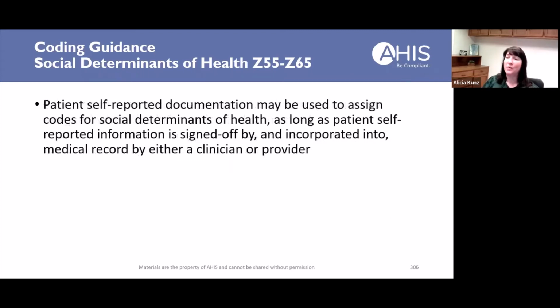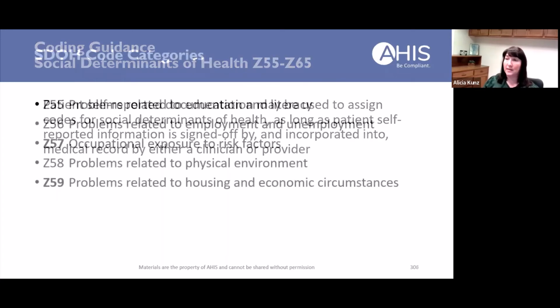And we can code social determinants of health if a resident self-reports these things, as long as that documentation is then incorporated into the medical record. So if you have a resident who says, I am homeless, I have no place to go, and they're telling social services this during intake, social services can document that, and then we can take that information and incorporate it into our diagnoses list.